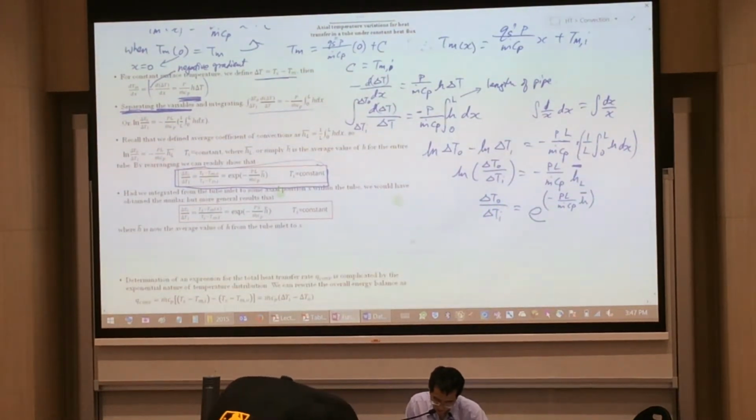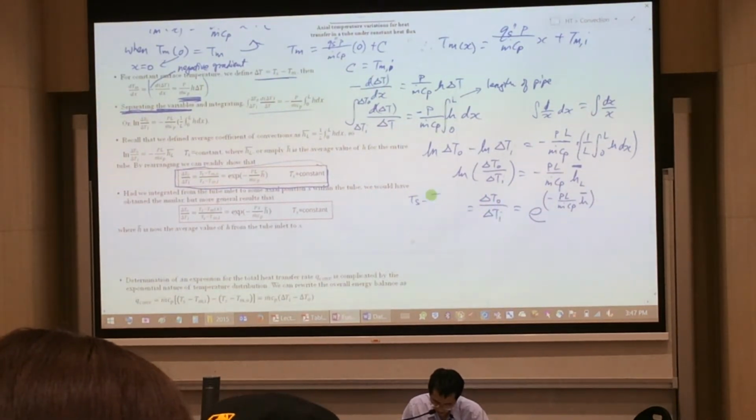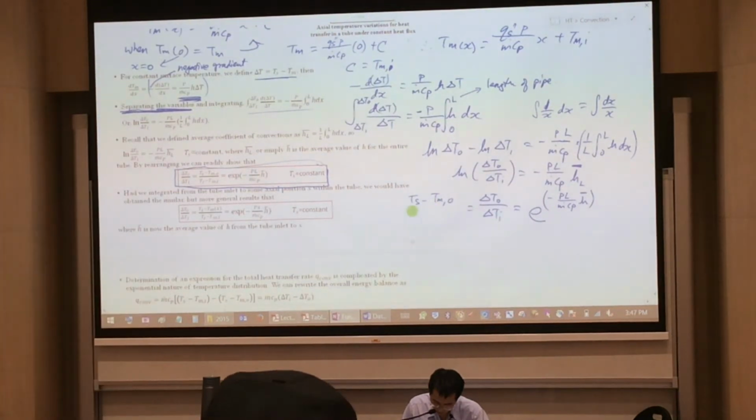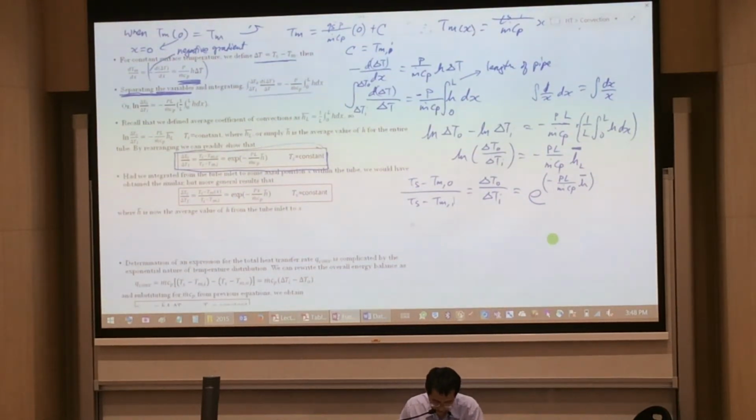Now you see that this equation has this term over here. That's because delta T naught is actually Ts minus Tm naught, and delta Ti is actually Ts minus Tmi. That's the definition of delta T naught and delta Ti.